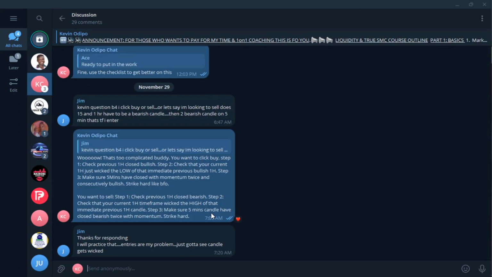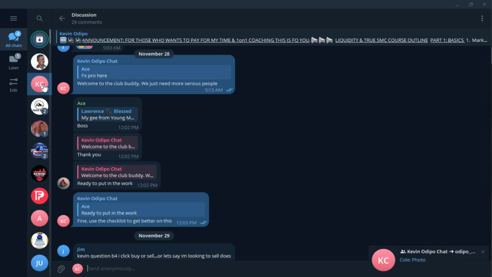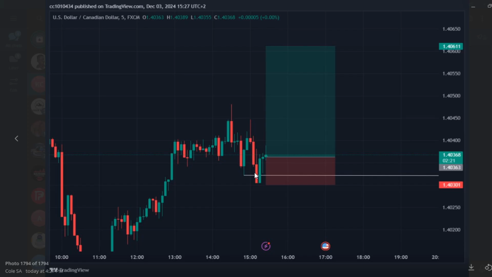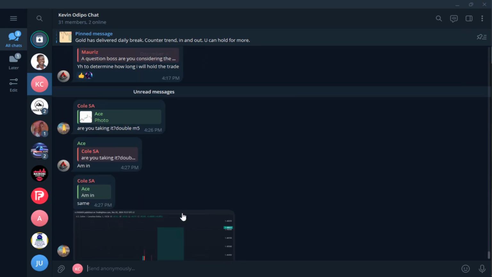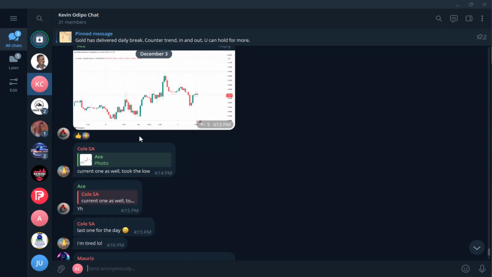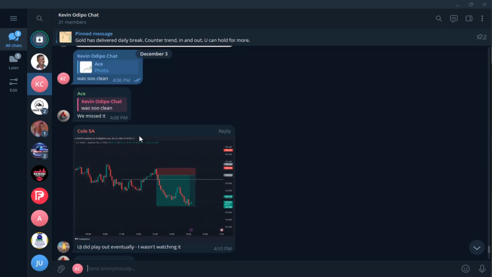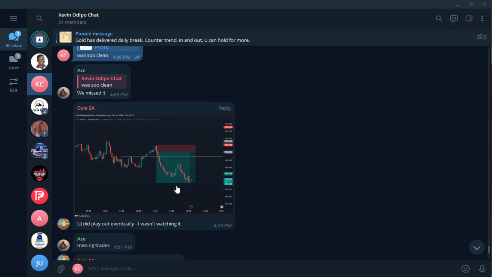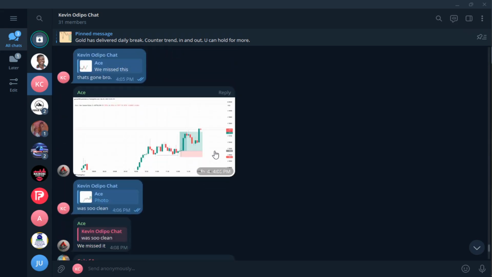When you're directed to the discussion group, you are going to meet people here who are very, very serious, and they are taking trades. Like this is an opportunity, people could be joining to take this trade. People take many trades. This one was one of the trades we were looking to take, but unfortunately we didn't take it because it wasn't high probability.